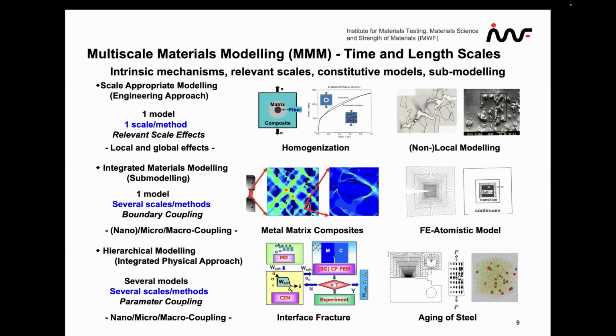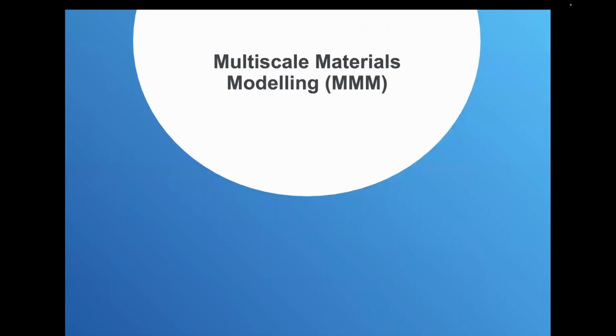Further on, one model was kept, but several scales and methods were involved. Here, for instance, for metal matrix composites or the finite element atomistic modeling. And later on, and this is what we are talking today, on hierarchical modeling, where several models and several scales and methods are involved, mainly with parametric coupling or multiscale materials modeling. We will go into some of the examples here.